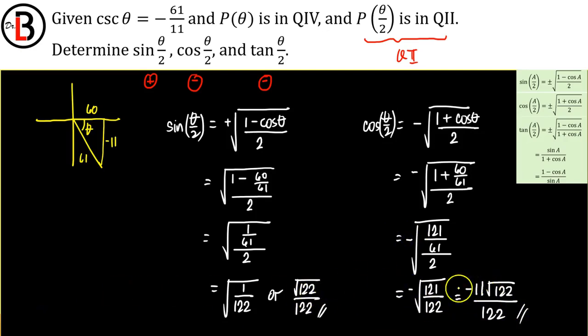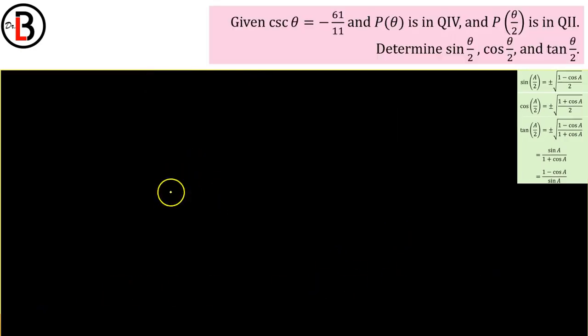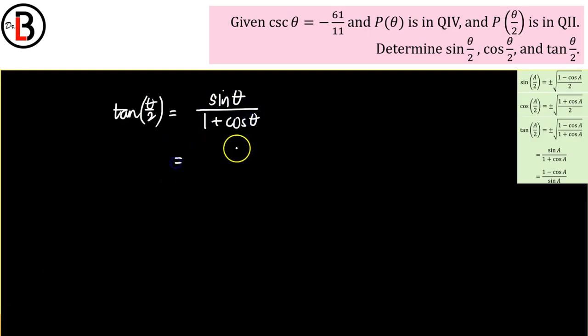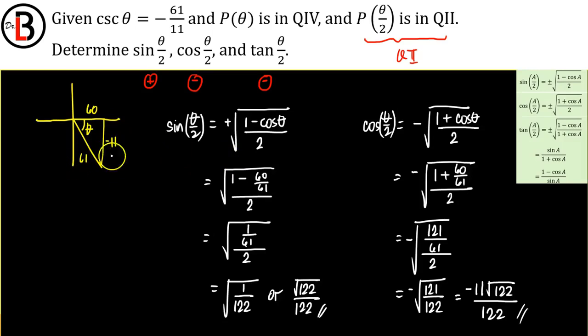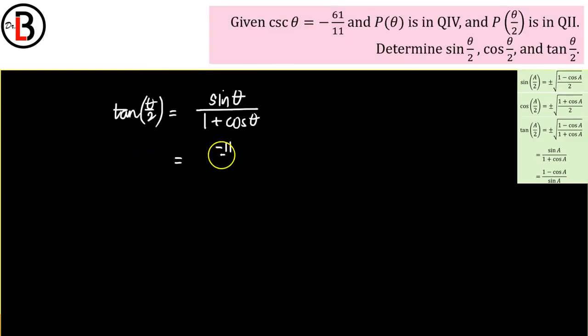So the first is positive, the second is negative, and then the last for tangent of theta over 2, I could use sine theta over 1 plus cosine theta. So let's evaluate this. For sine, opposite over hypotenuse, so that's negative 11 over 61.